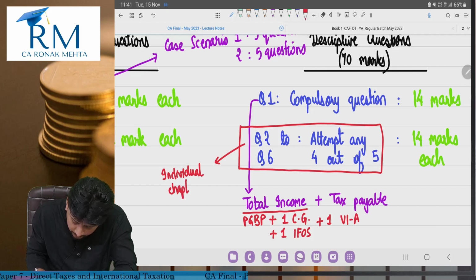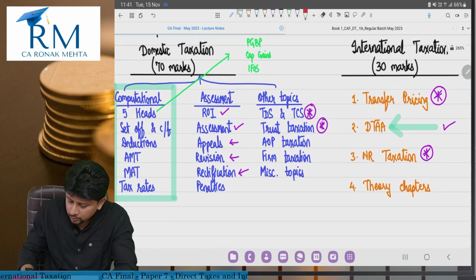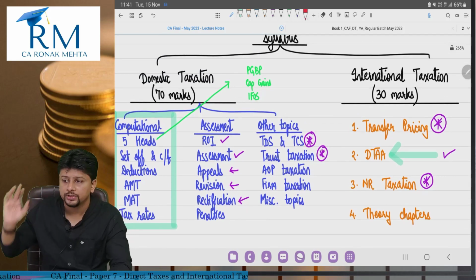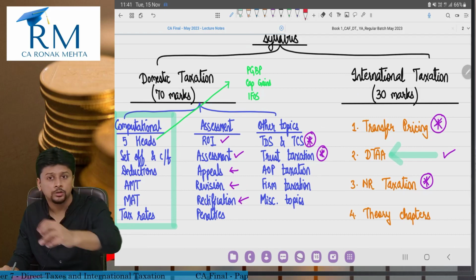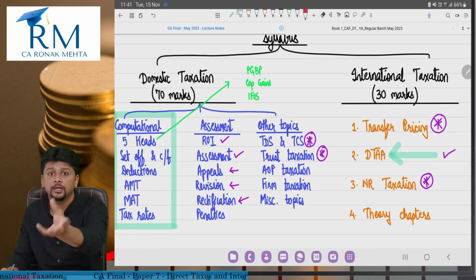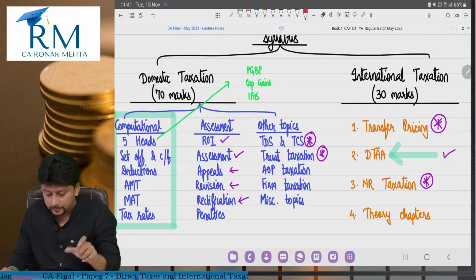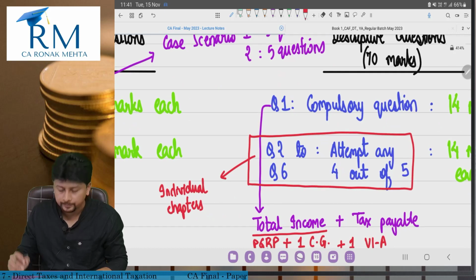You may remember about 5-10 minutes ago I was saying that from the syllabus you can expect one question on TDS TCS, one question on transfer pricing, one question on charitable trust, one question on DTAA, one question on return of income or assessment topics.